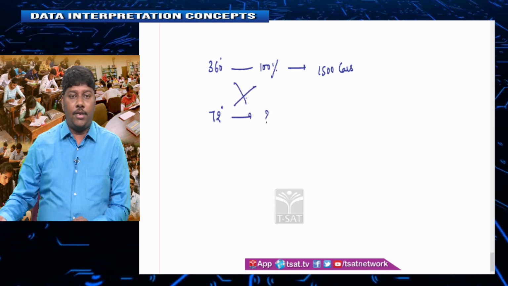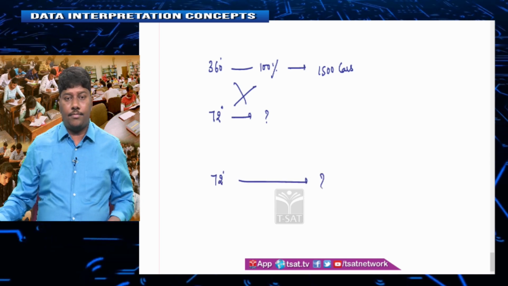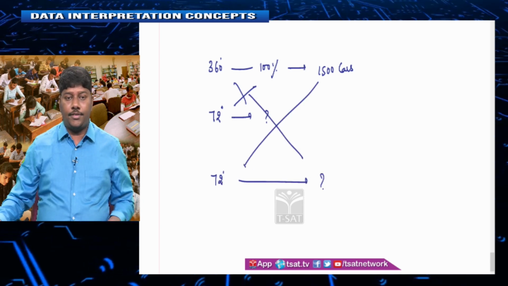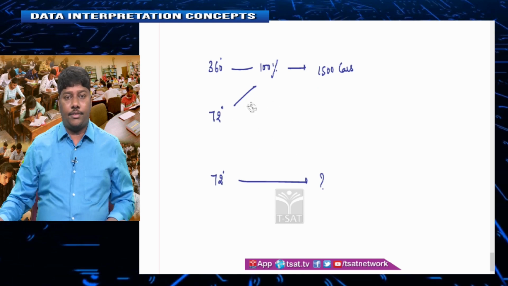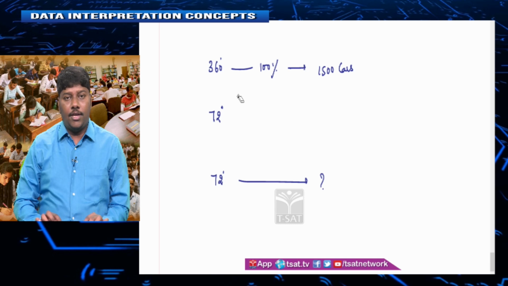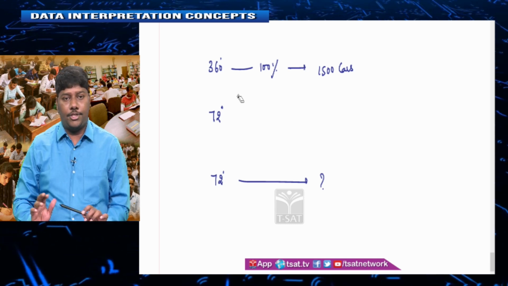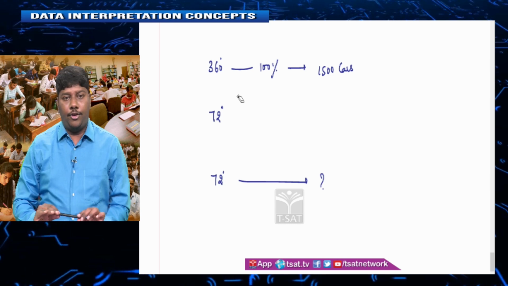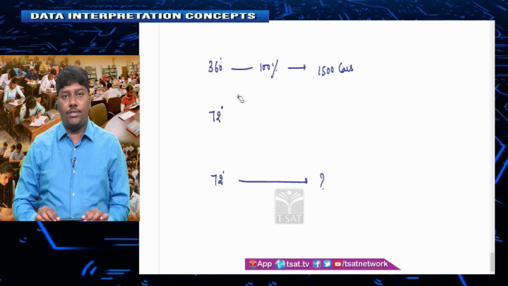Then you cross multiply. Or else 72 degrees, how many cards? You cross multiply this and this. So by using proportion, you can always find it. But the relation is that 360 degrees is 100%, which is the number of cards or whatever data is represented. So you can convert degree to percentage, and percentage to the data, anywhere, by using proportion.